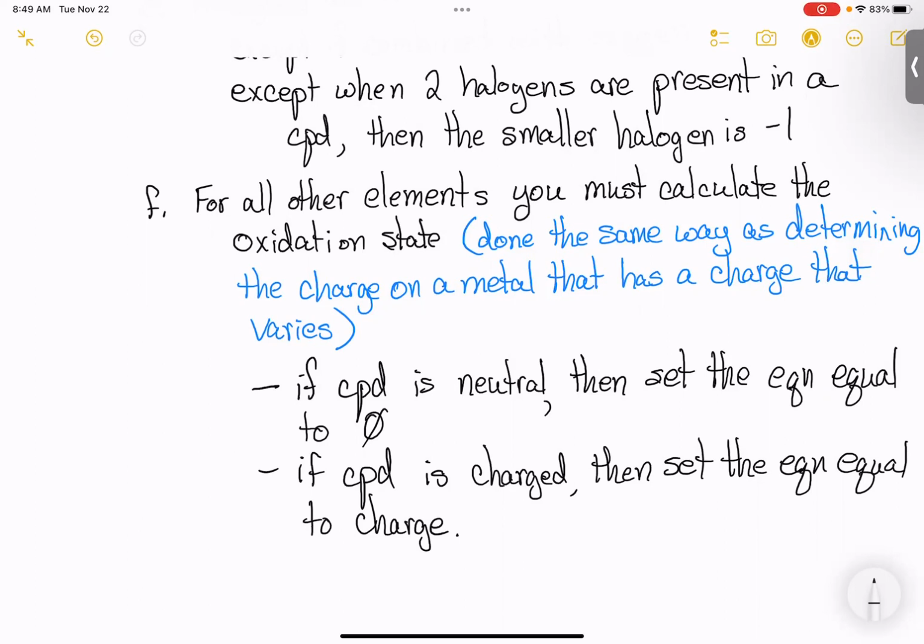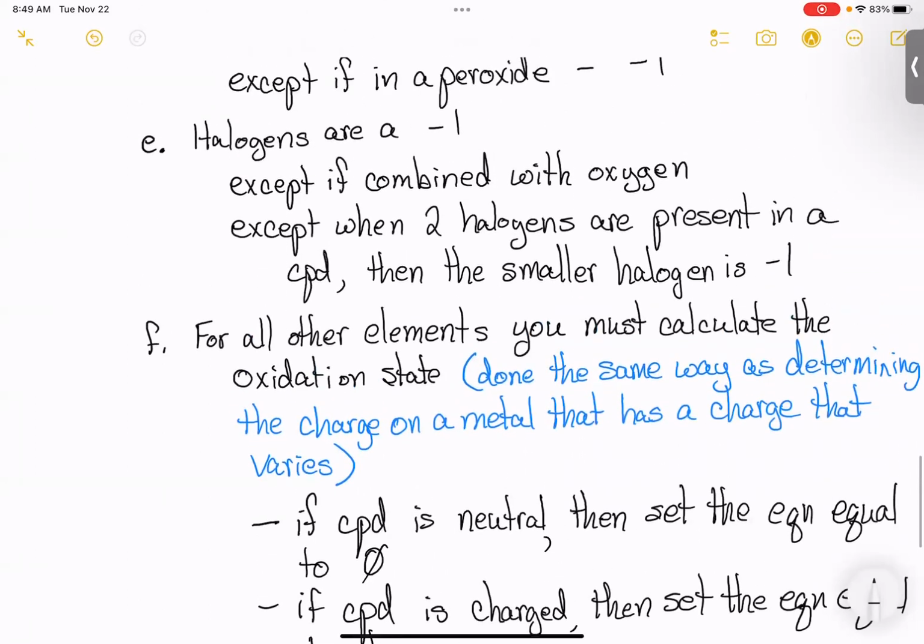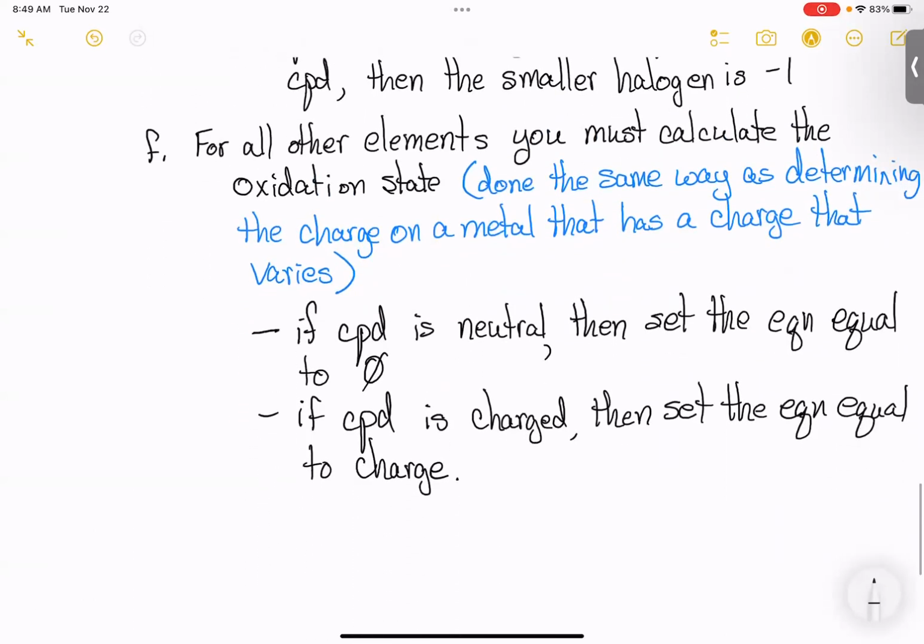Now, before I get into an example, I want to go over 4 more definitions. Our first step was to assign the oxidation state.